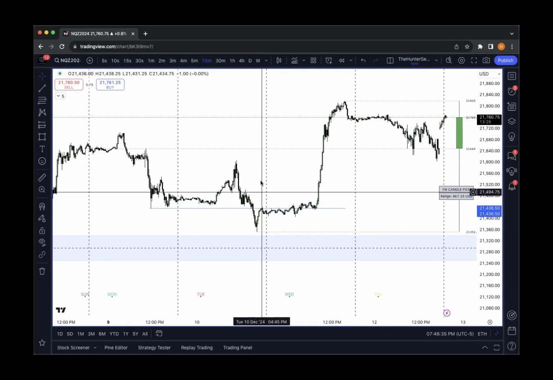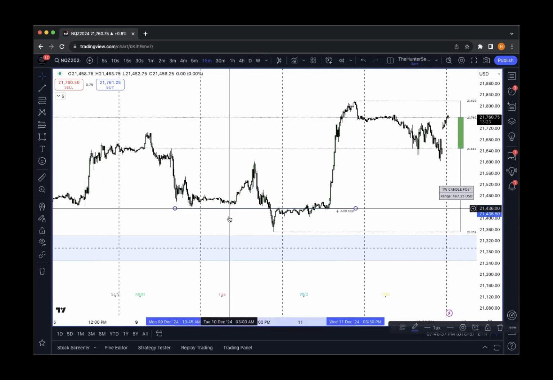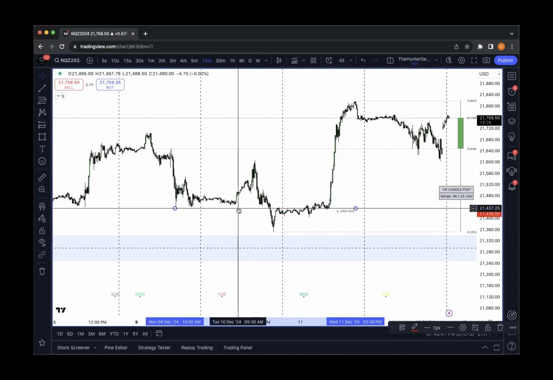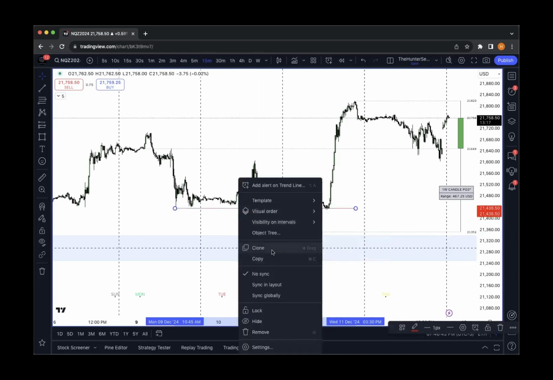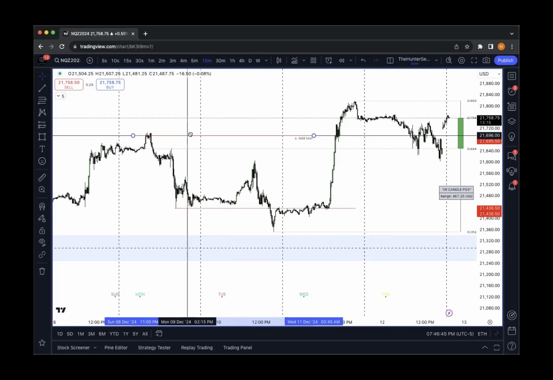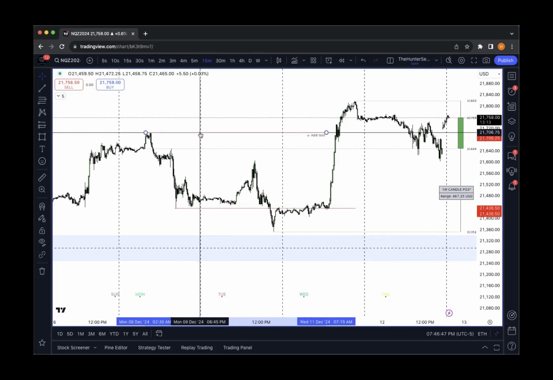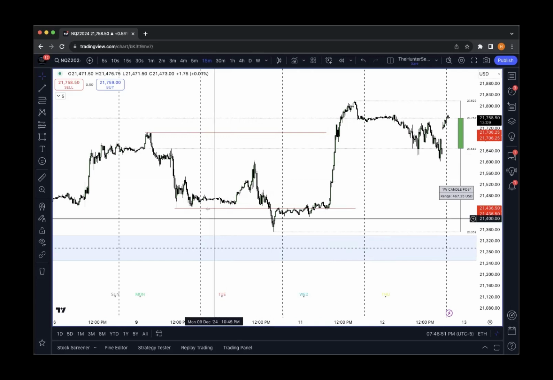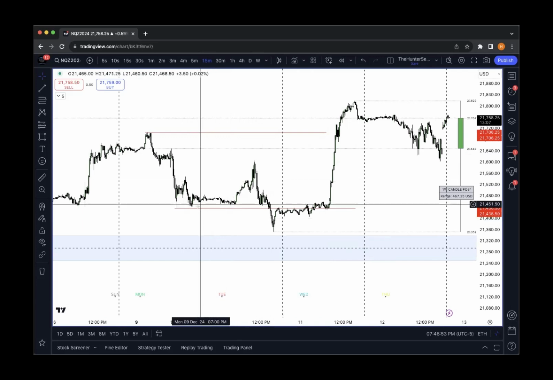So if we were to throw our weekly range delineations on, it would look something like this. Now, what I want you guys to see and study is one-way directional order flow.